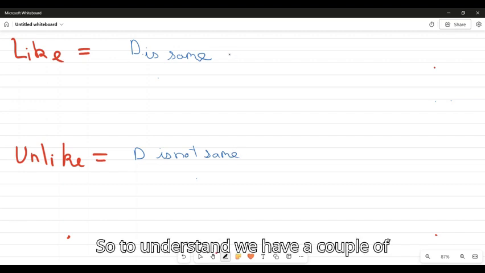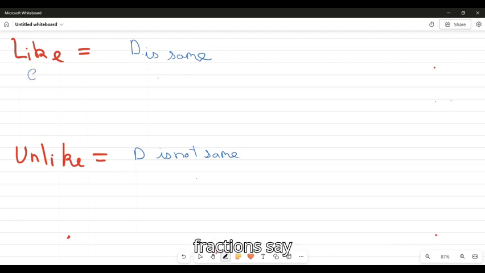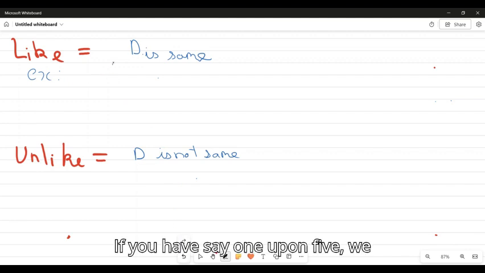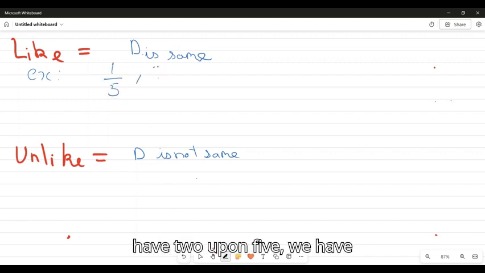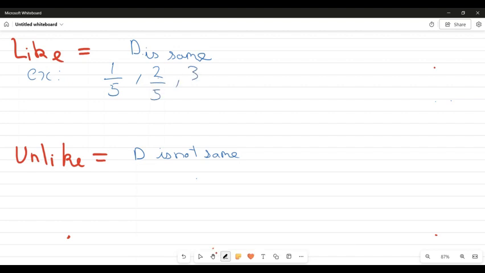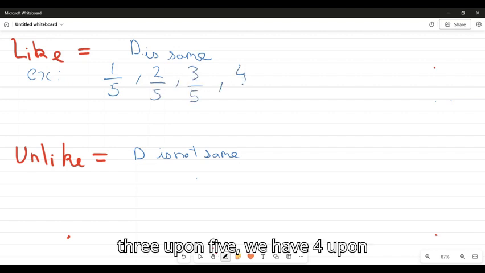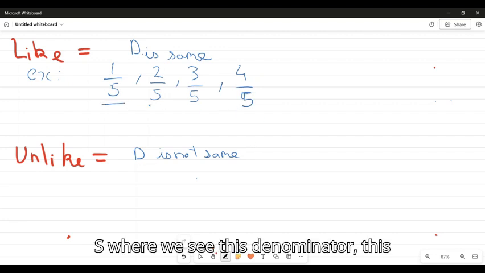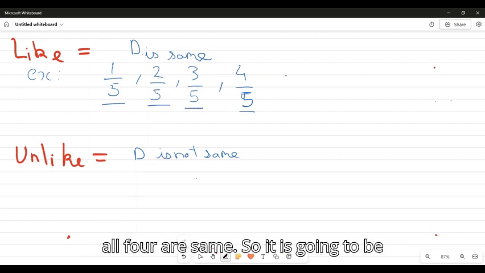So to understand, we have a couple of fractions. If we have say 1 upon 5, 2 upon 5, 3 upon 5, 4 upon 5, we see this denominator, this denominator, this denominator, and this, all 4 are the same.